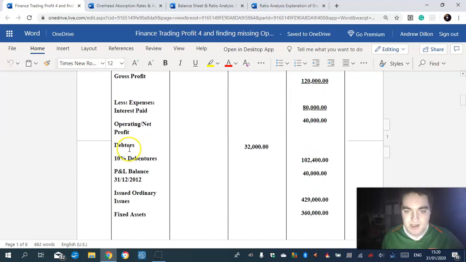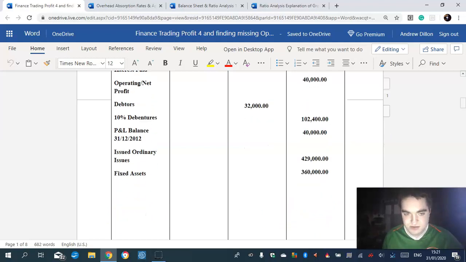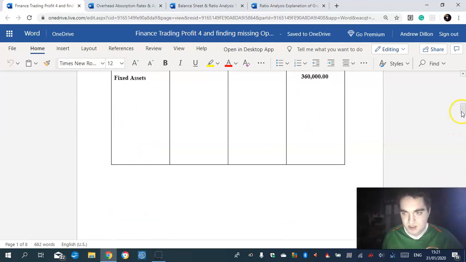And here are the hard bits: less expenses of interest paid, the operating and net profit, debtors. Whatever percentage you've been given, it's 5, 10, 15% of debentures. Then it's the profit and loss balance at the end of the year, and then issued ordinary shares, and then fixed assets, which is 360,000. So that's the trading profit.